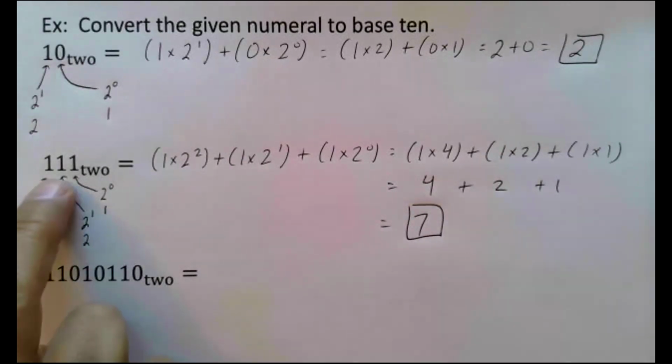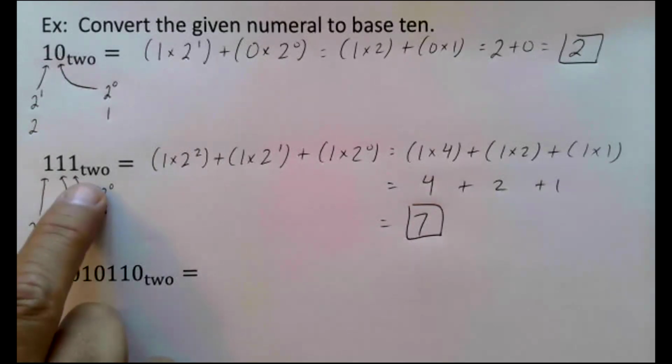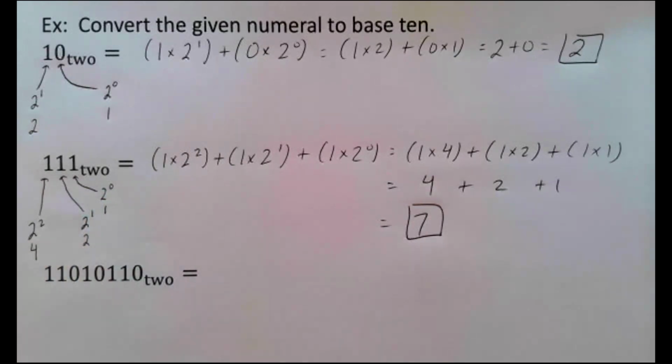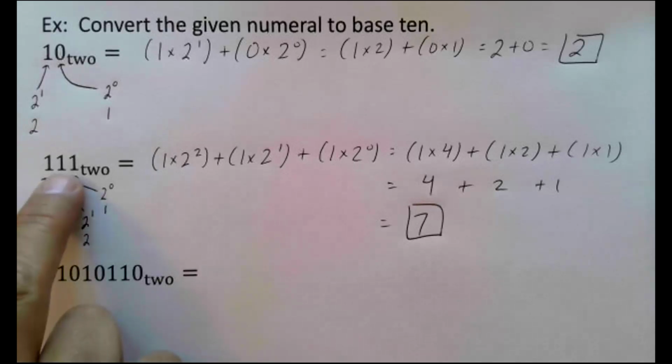Do not say one hundred eleven; that is not the hundredth place. We're going to say 111 base 2. In some alternate universe, if base 2 had been chosen as our base instead of base 10, the number that we currently think of as 7 would instead be written like that.